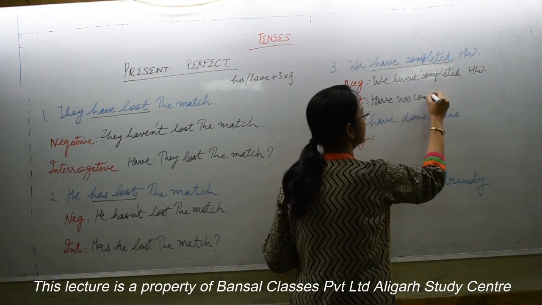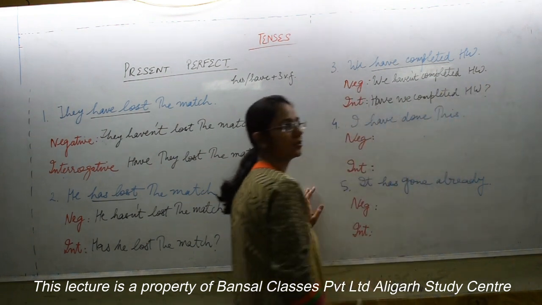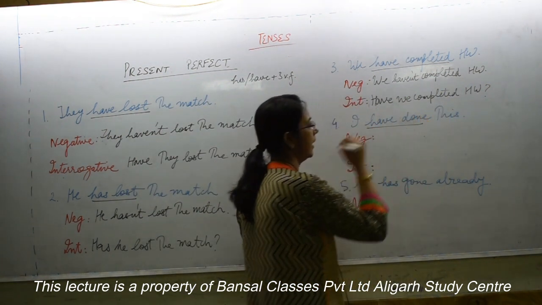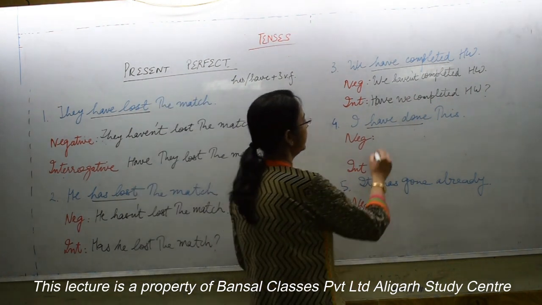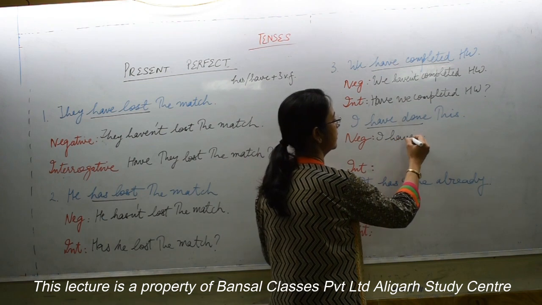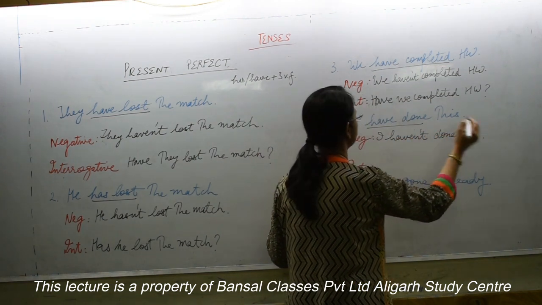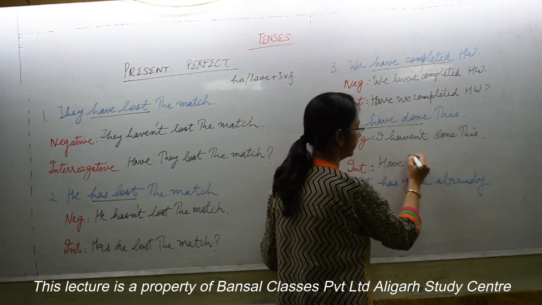Have we completed homework and a question mark. I have done this, I'll come with have, and done is the third form of do. Negative would be I haven't done this. Interrogative, have I done this?